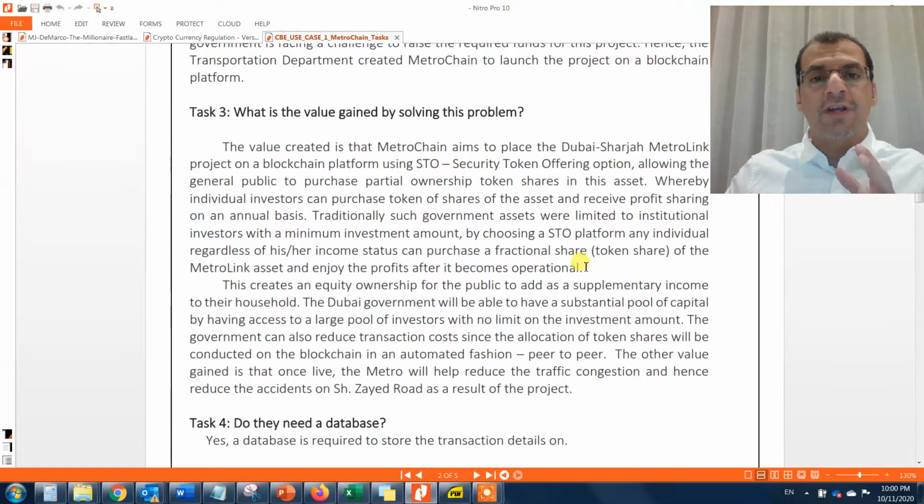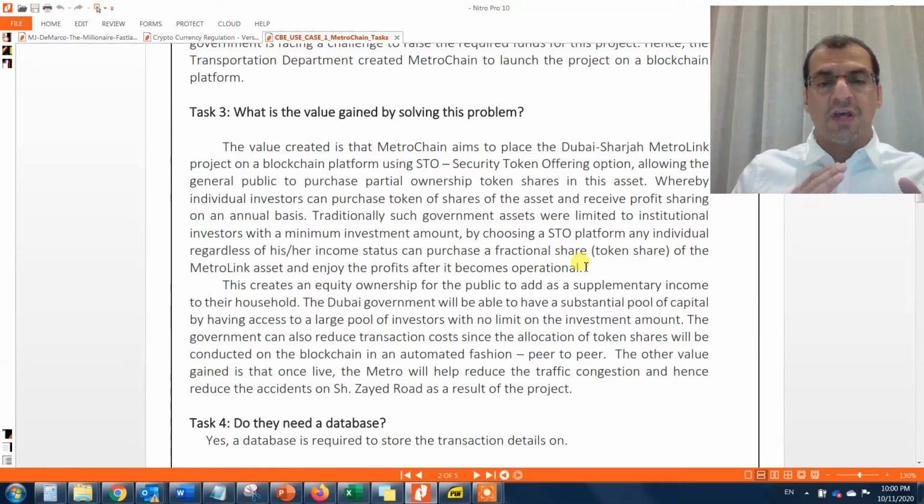This is a very important point here because high profile government infrastructure projects were almost always limited to high net worth individuals, institutional investors, banking institutions, and so on, where the corporations or the high net worth investors were benefiting the most, whereas the general public were not being able to even participate in such a project, right?